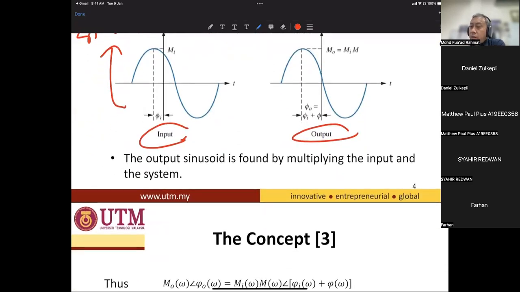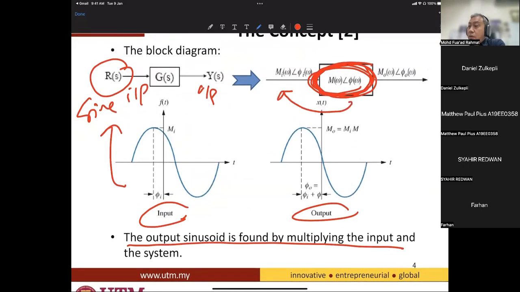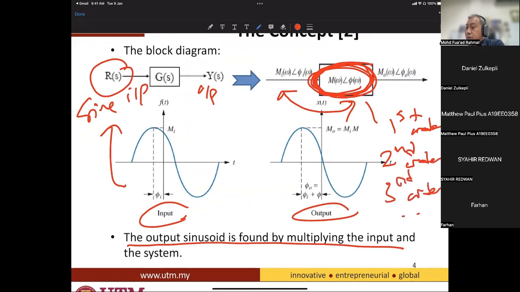The output sinusoid is found by multiplying the mathematical model and the input. So this can be first order, second order, third order, and so on.